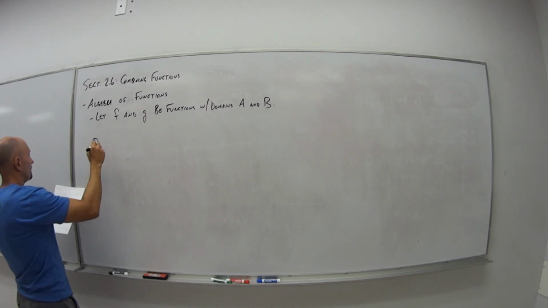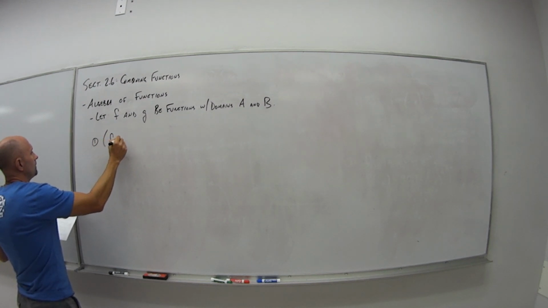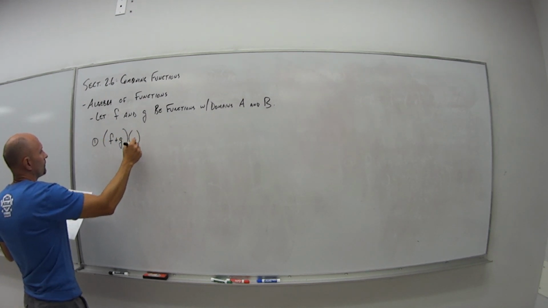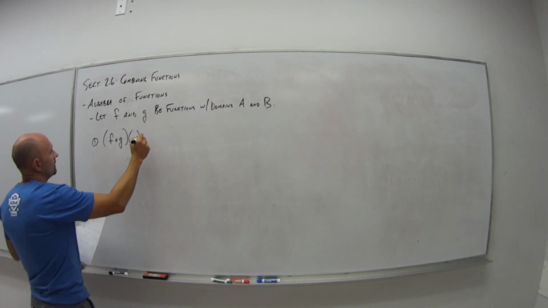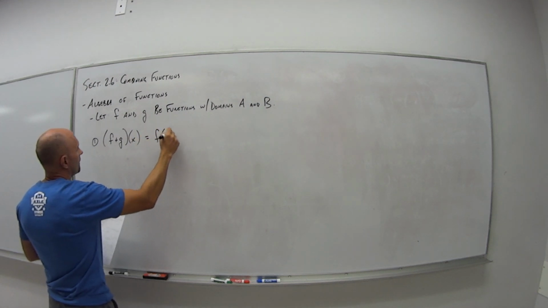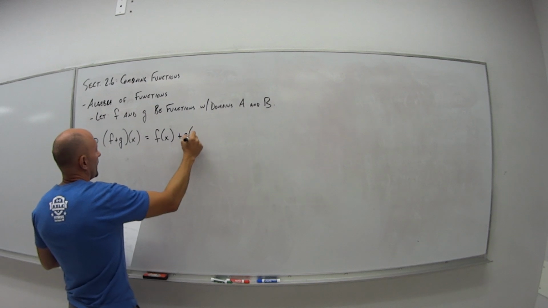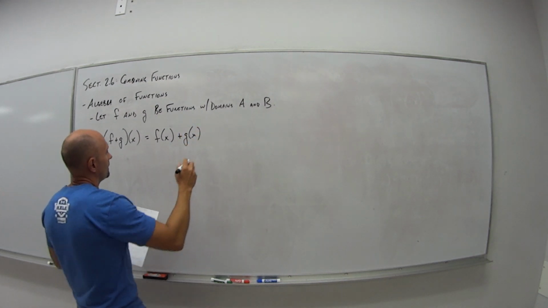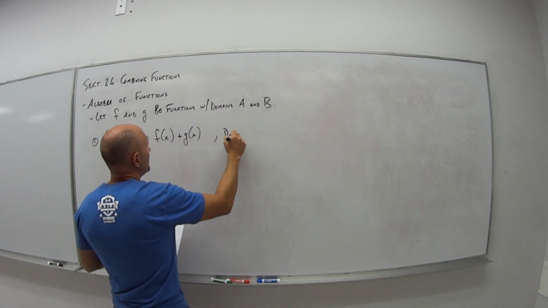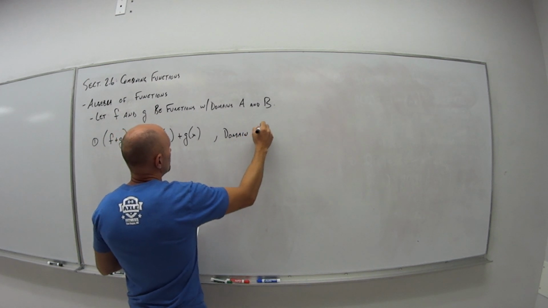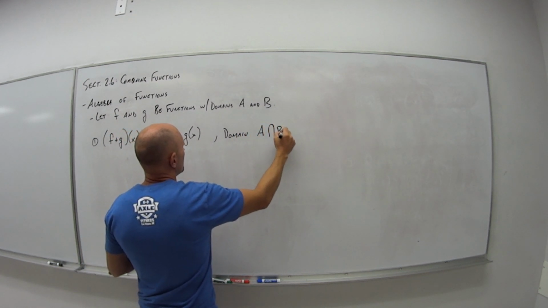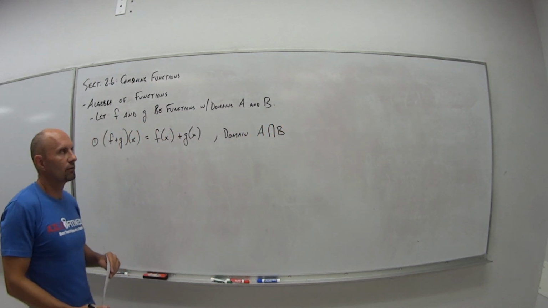So first, if I add two functions, so f plus g of x, this is just take the f function, add the g function, and the domain of these two is going to be the intersection of their domains.